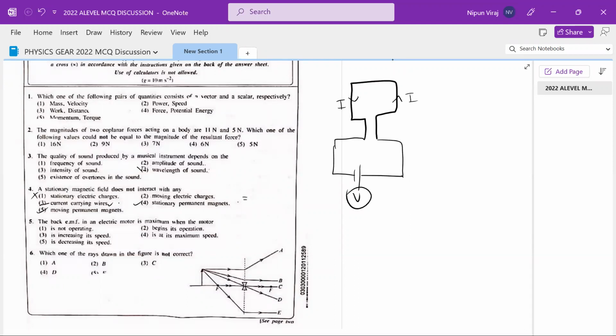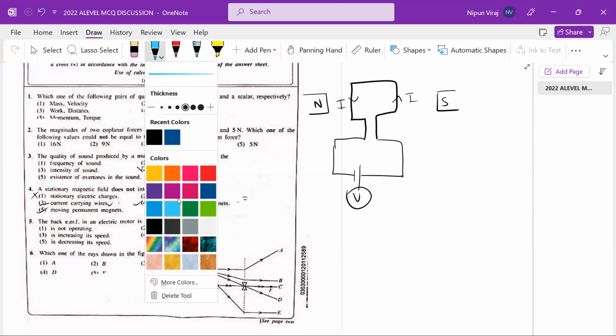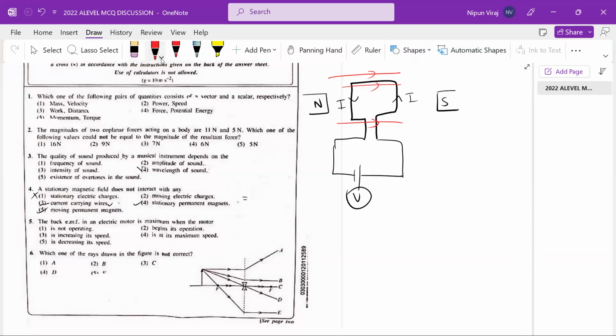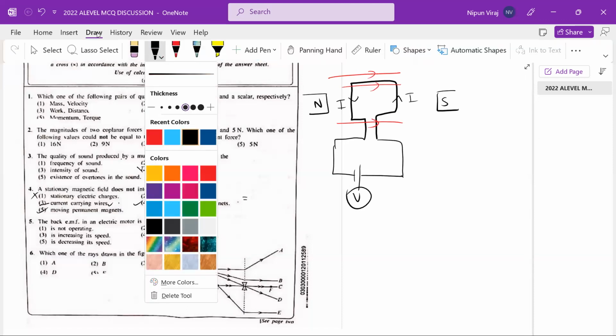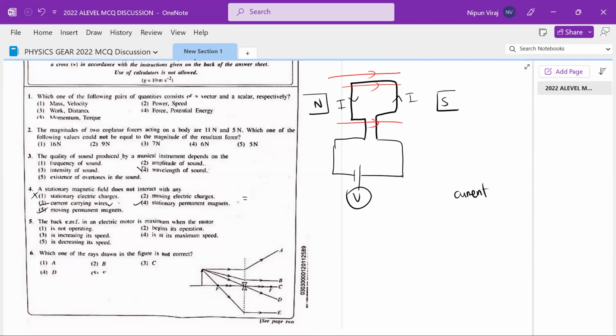And let's say you have arranged a magnetic field, right? So magnetic field is moving from which direction to which direction? It goes from this side to this side, right? There's a magnetic field cutting this coil. Now you have a current and you have a magnetic field. So what will be produced? Surely a force will be produced, right?